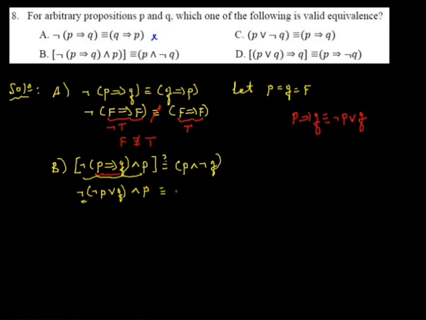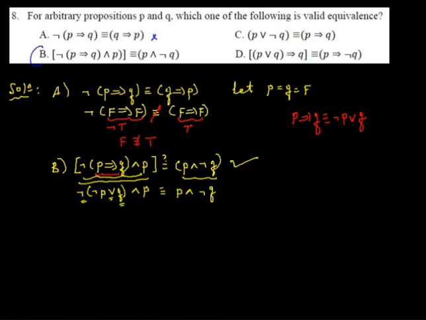Then the negation of P is P. The disjunction becomes conjunction. Okay, then this negation will change the sign of Q. Therefore, when we simplify this part, it gives P and negation of Q. They are the same. So the compound proposition in B are valid equivalents.